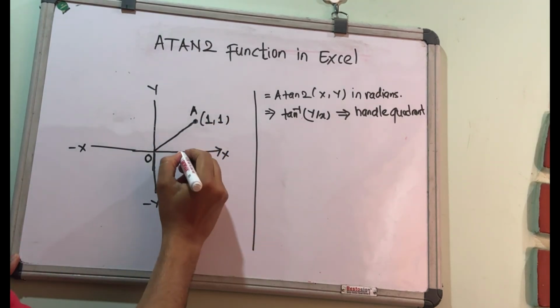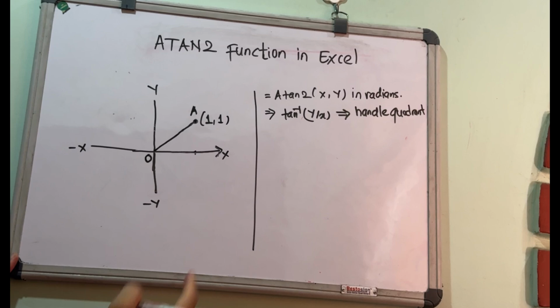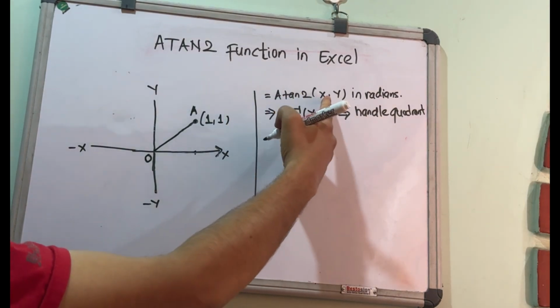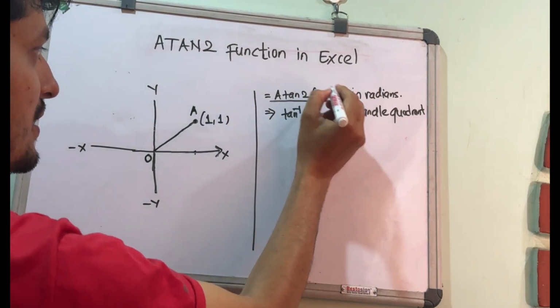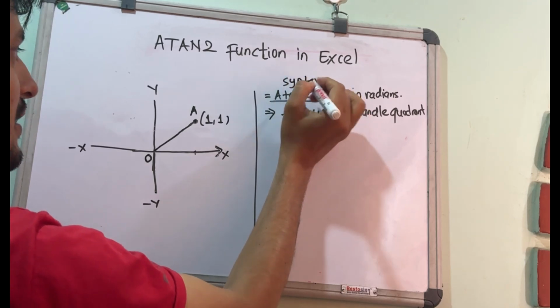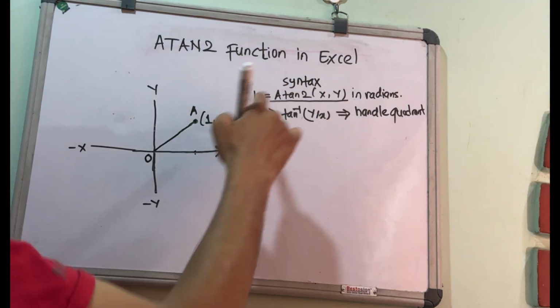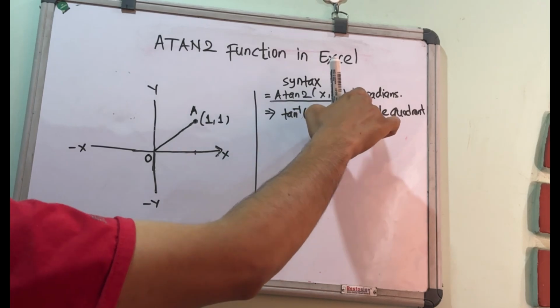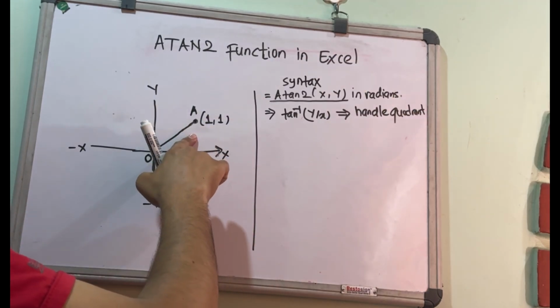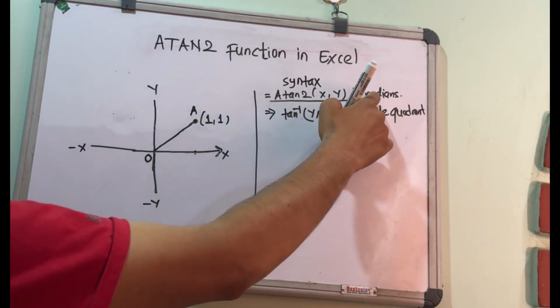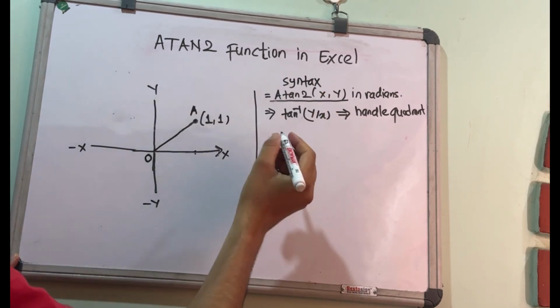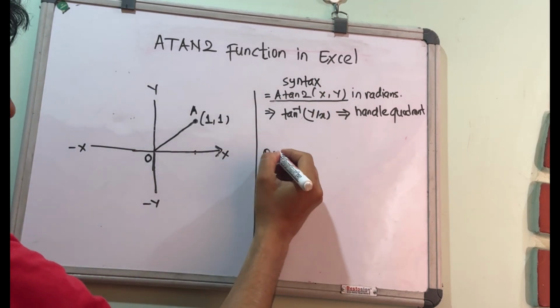Now what does this represent? If you write ATAN2(x, y), this is the syntax in Excel, and it gives the angle in radians. In actual, this is theta.